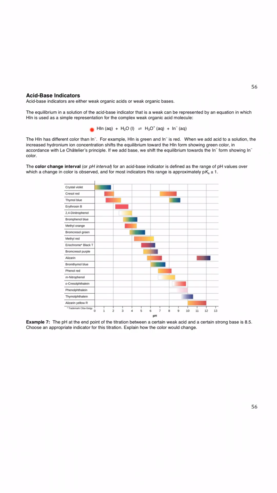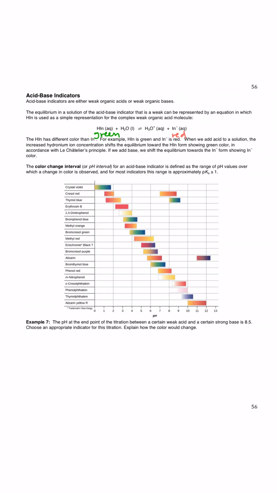The indicator and its conjugate base will have different colors. For example, if we have the indicator with the color green, and its conjugate base is red, when the equilibrium gets disturbed, we will see the color change between green and red.